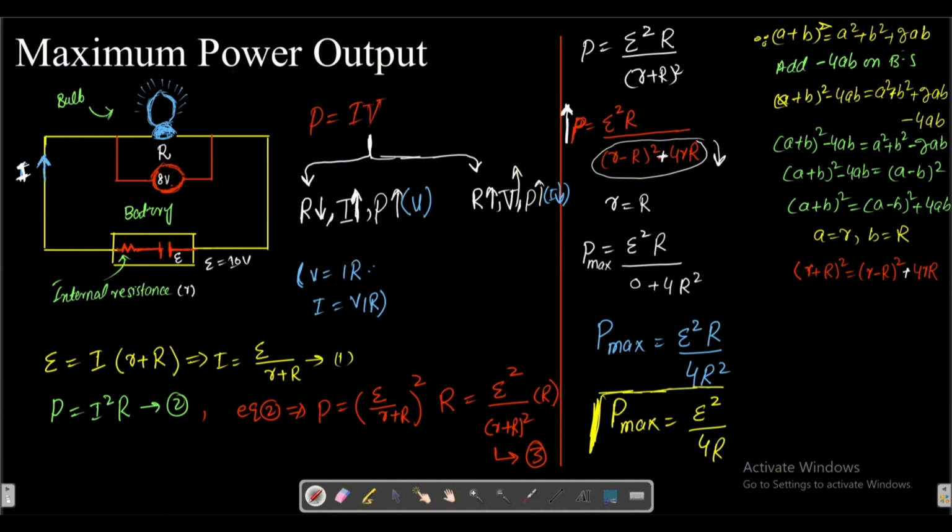In order to achieve the maximum power in a circuit, we will have to make this small r, which is the internal resistance of the battery, and this capital R, which is the resistor, equal. If we put these values equal, then the maximum power will be delivered to the circuit.